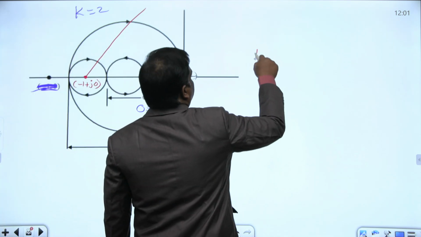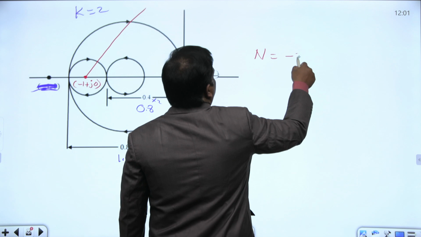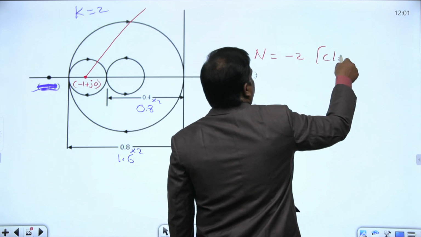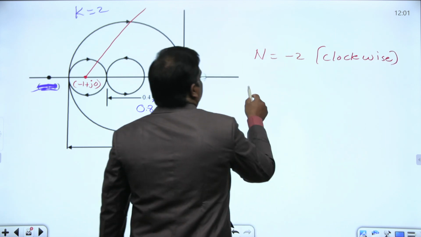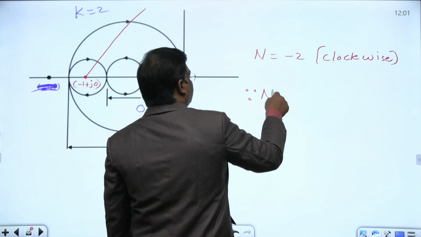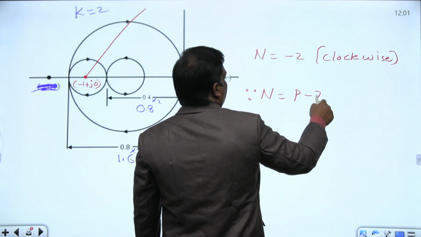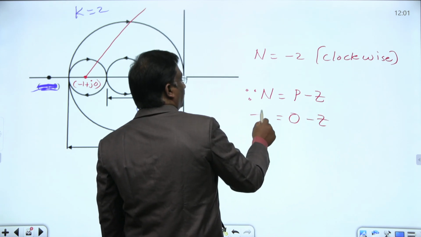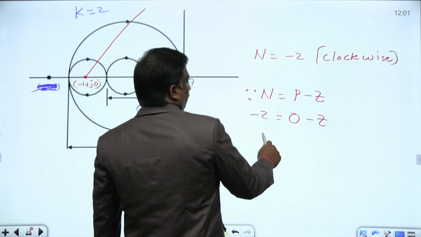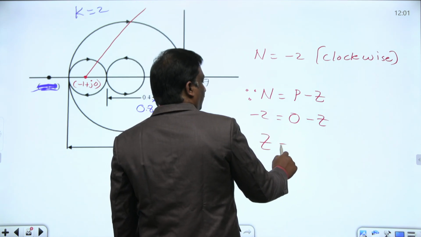Number of encirclements N for this one is nothing but -2, since clockwise encirclements twice. Since N equals P minus Z, with no open loop poles, P minus Z equals -2, so Z equals 2.